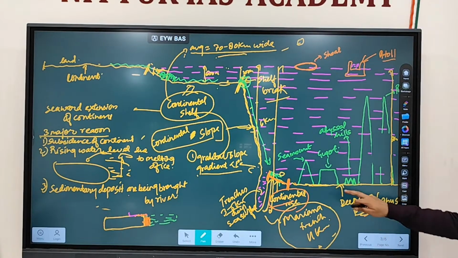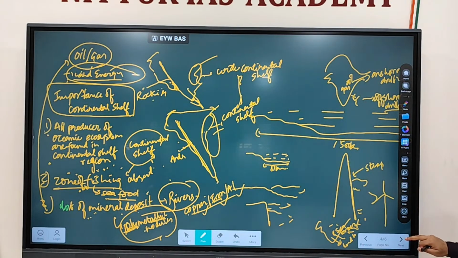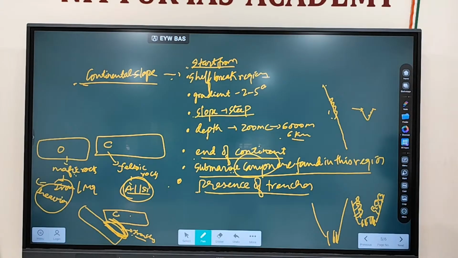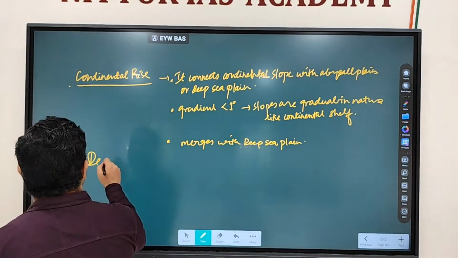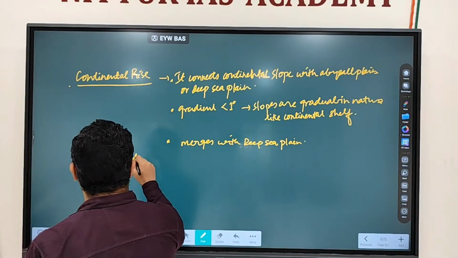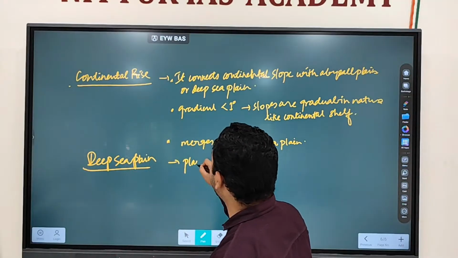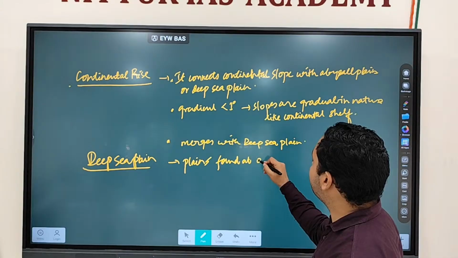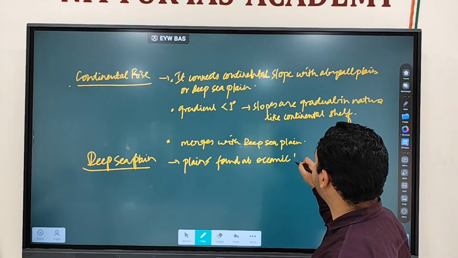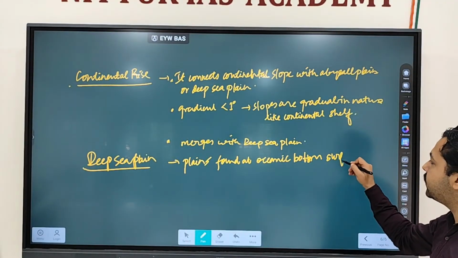So the last feature that you find is the deep sea plain. So what is a deep sea plain? These are the plains found at the oceanic bottom surface.